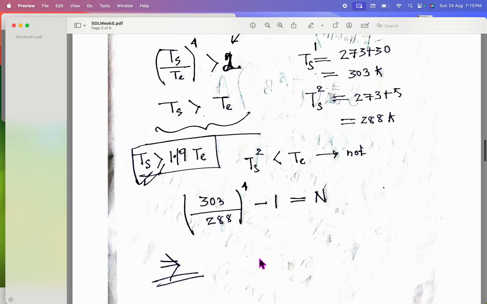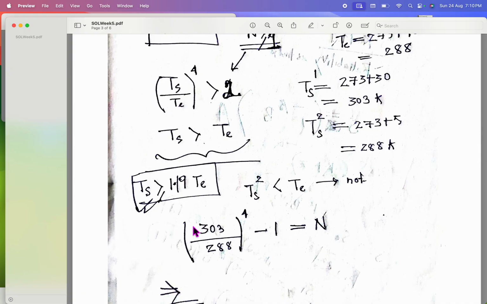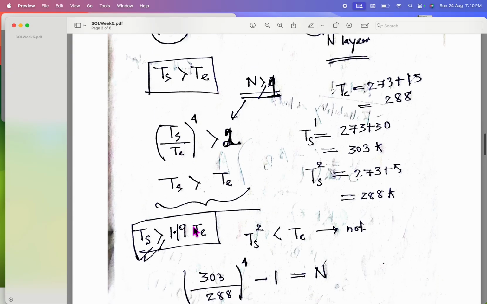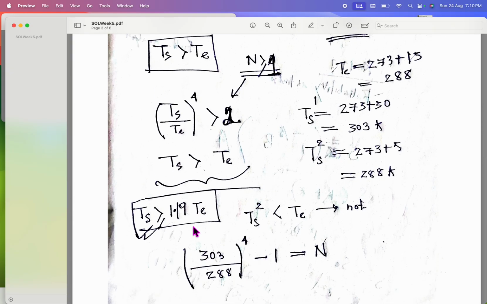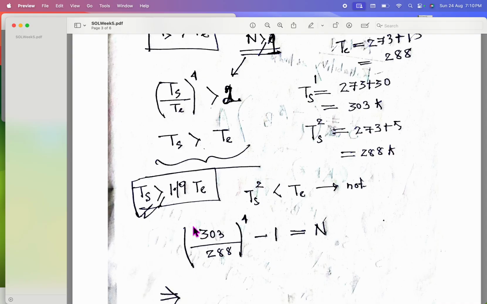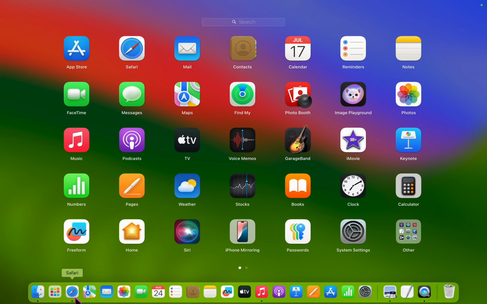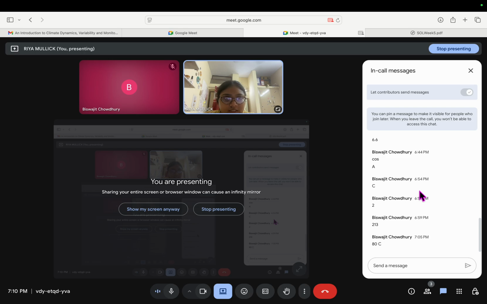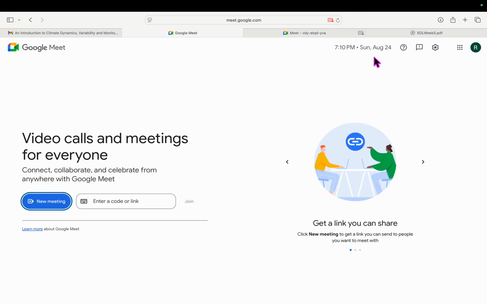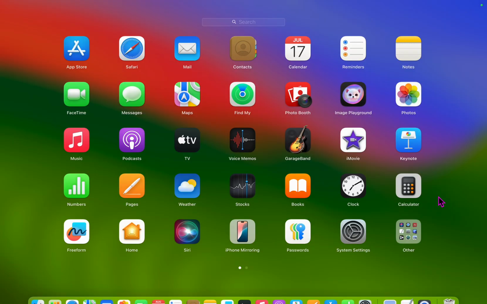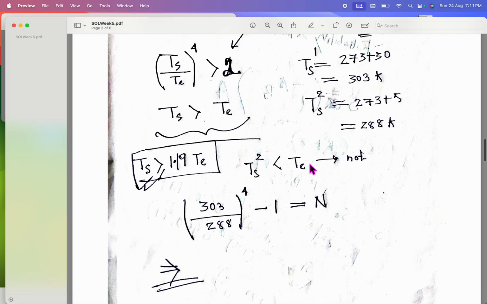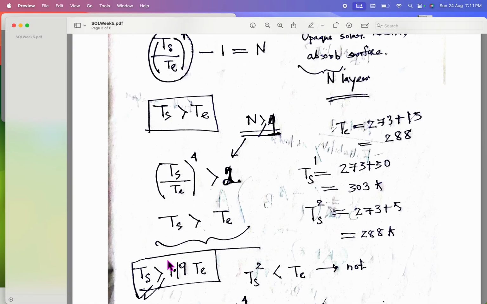But if you plug the values into this formula, you will get n less than 1 for the first two cases, but in the third case you will get n greater than 1. I have to check that. Sorry for the mistake. I have to check this argument.